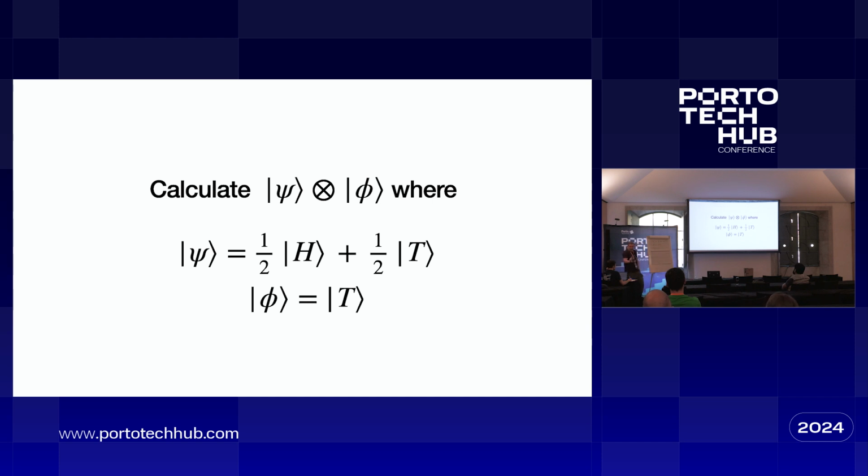For now, I'm just writing a symbol on paper. I told you it's a kind of multiplication, so let's multiply. I have a half times heads plus tails, times tails. It's going to follow the same rules of multiplication, and I'm going to multiply it out. Distributive rule.